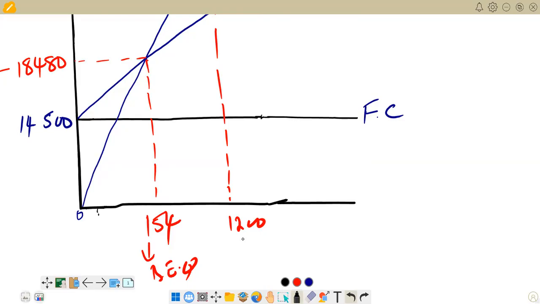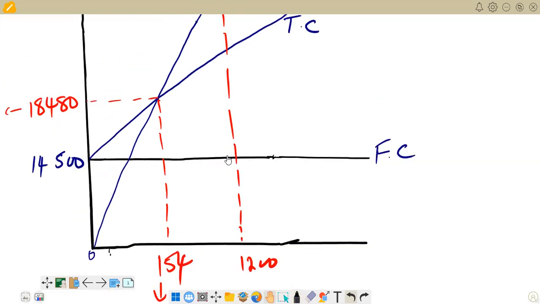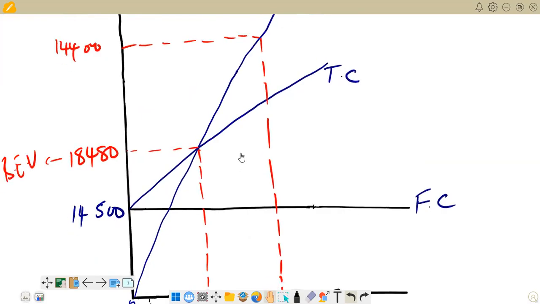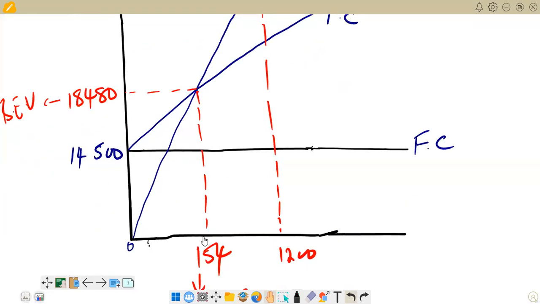So this is our graph. We have represented the important points that were supposed to be highlighted. This is the break-even value, then the break-even quantity, which we represented down there. Then this is the sales level in terms of the quantity, and this is the sales level in terms of the value.